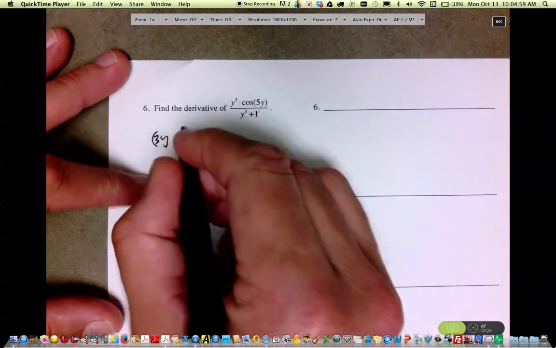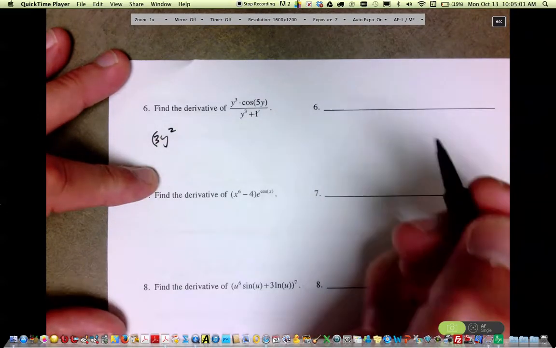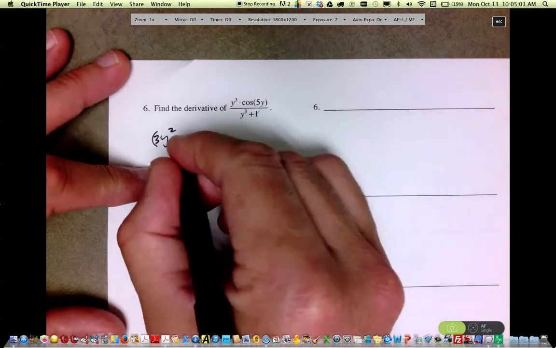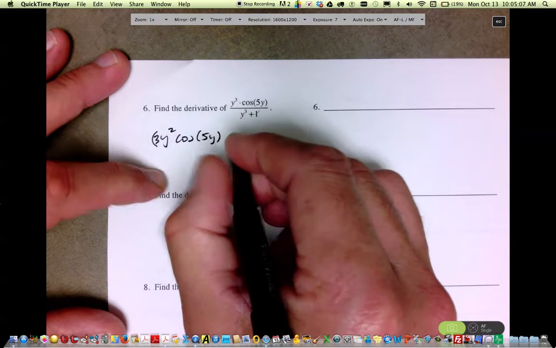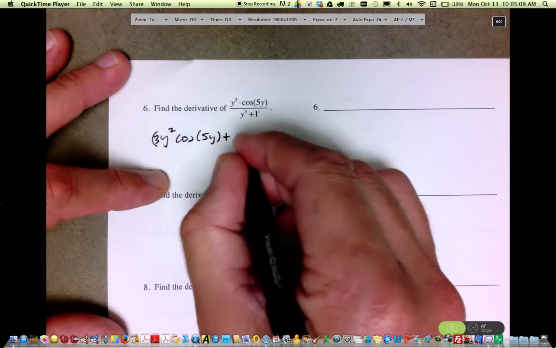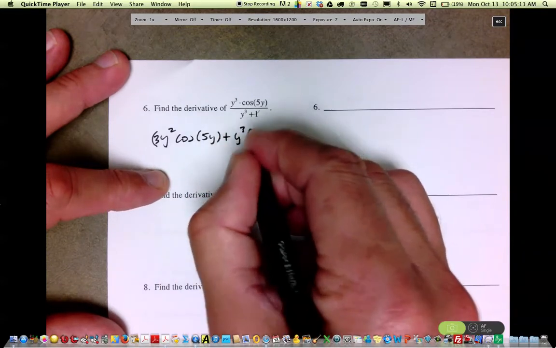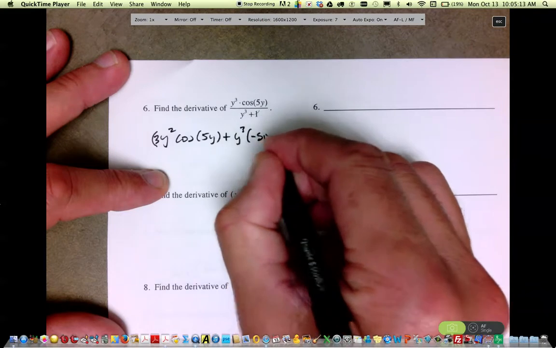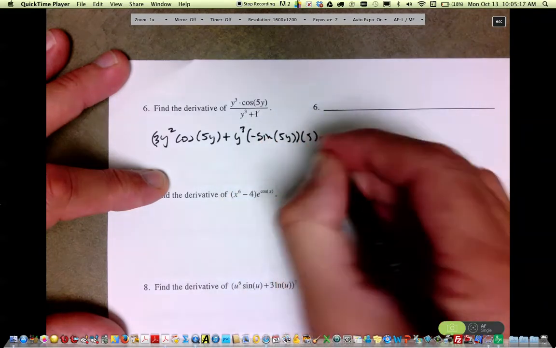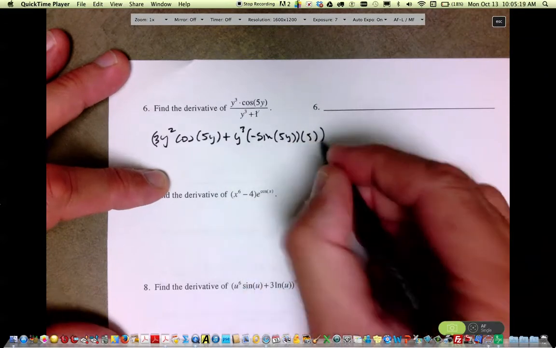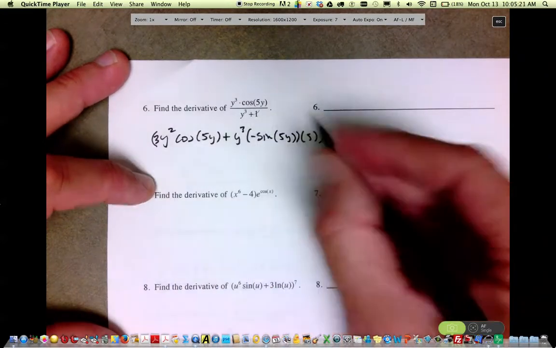So the derivative of y cubed is 3y squared times the cosine of 5y, plus y to the third times negative sine of 5y times 5. So far all of that is the derivative of the numerator.